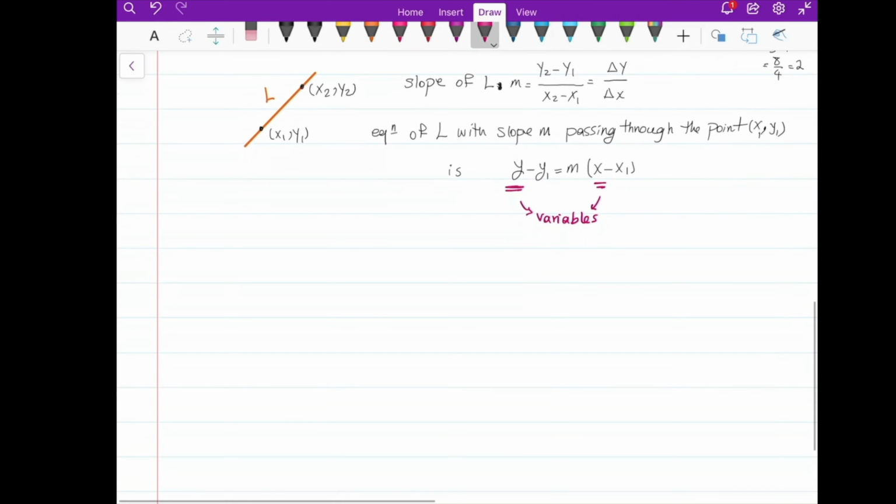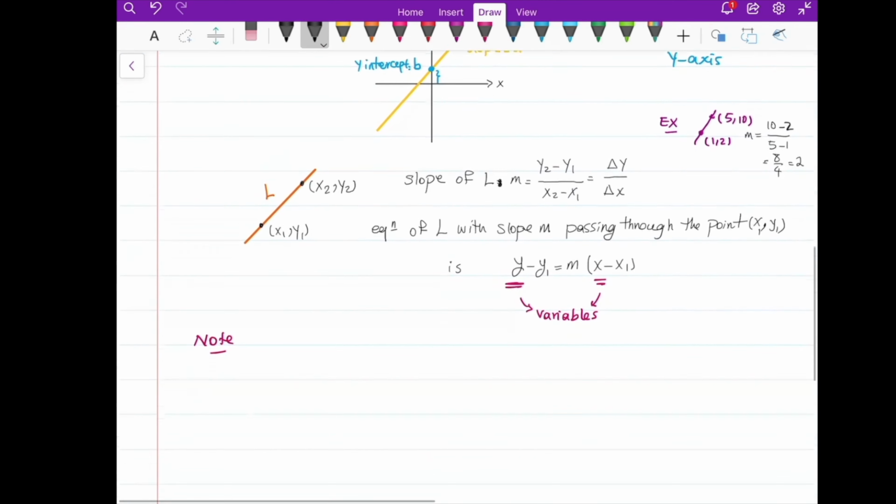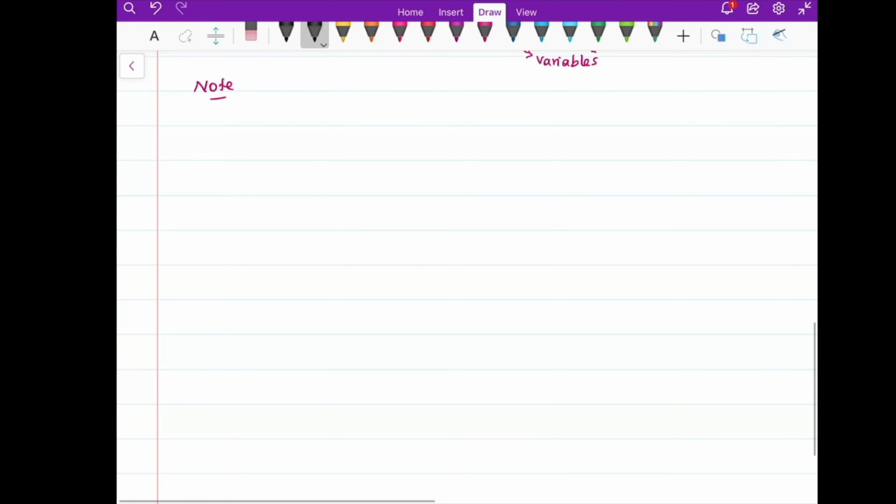Let me give you one small note. Here a linear function with one variable is just a line ax plus b. If you have more than one variable, just assume that you have 3 variables, then what is the equation of your linear function?